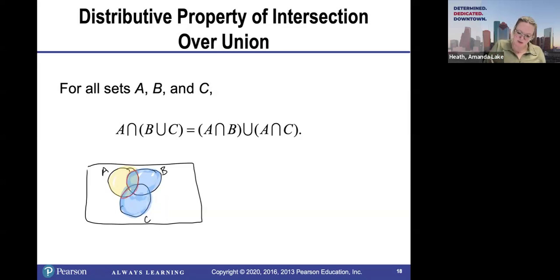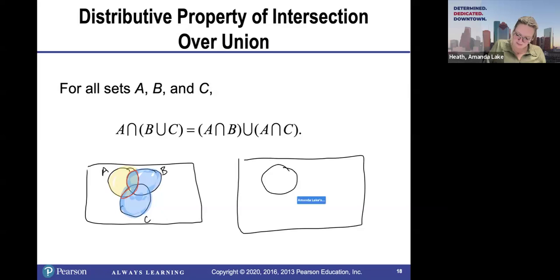But if I draw it going the other way, if I think about it from the right-hand side's expression, I have A, B, C again. I would take A intersect B. So again, A, B, C. So A intersect B is this section here.